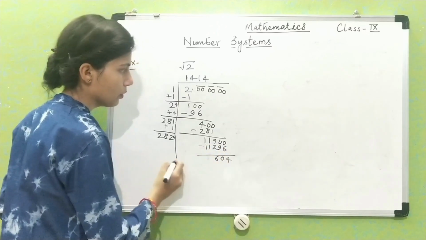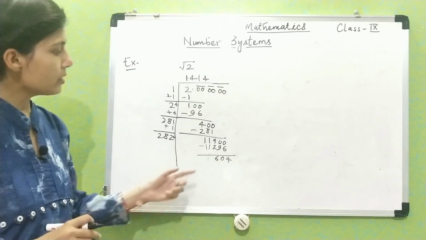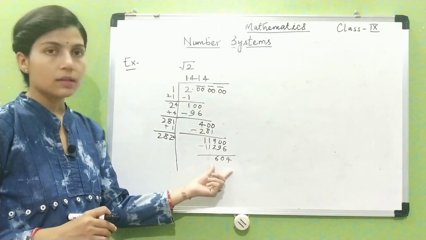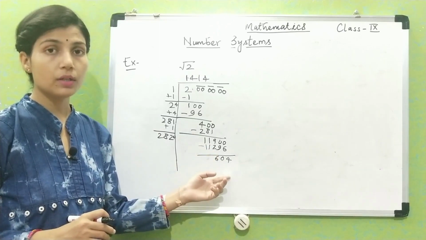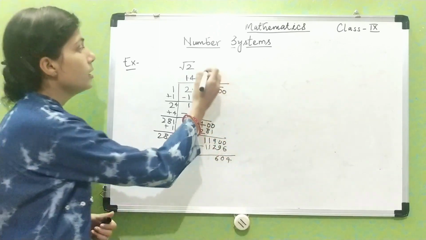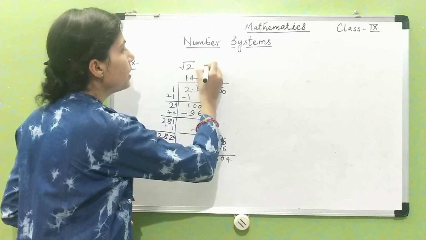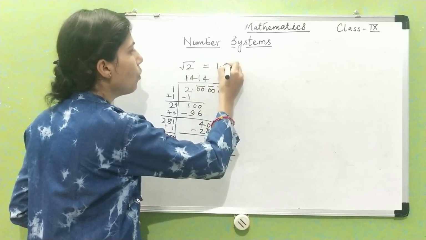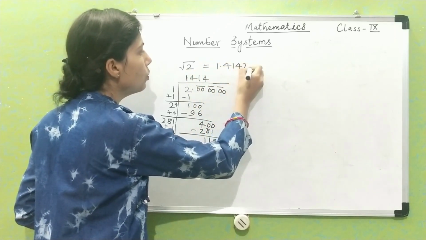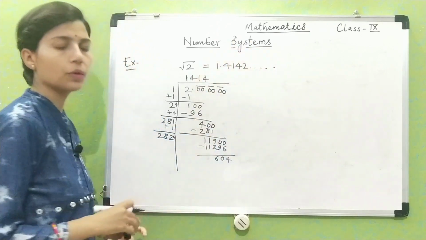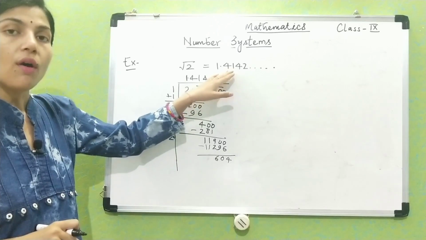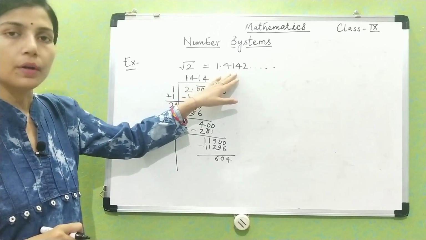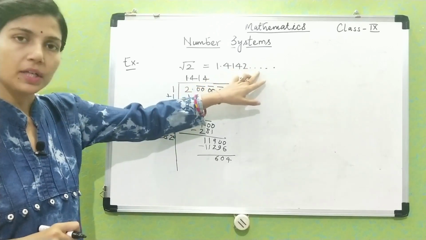Okay, so 604. As you can see here, in this division the remainder is not going to be 0. So its decimal expansion will be like 1.4142... Okay, so the decimal expansion of an irrational number will be non-terminating.